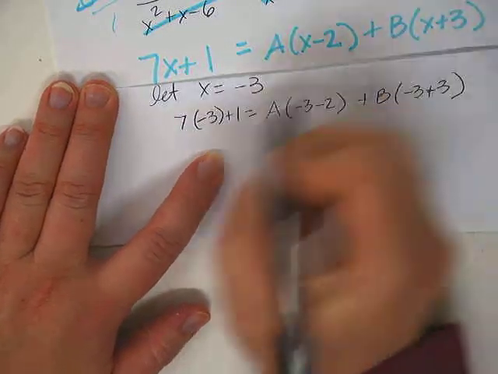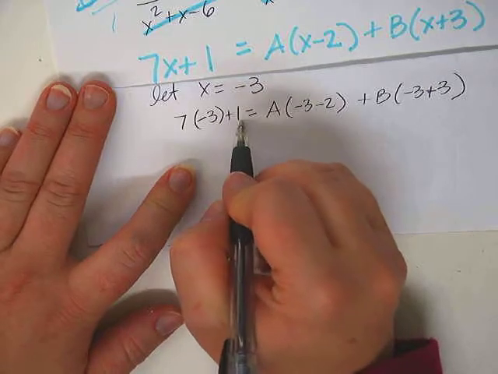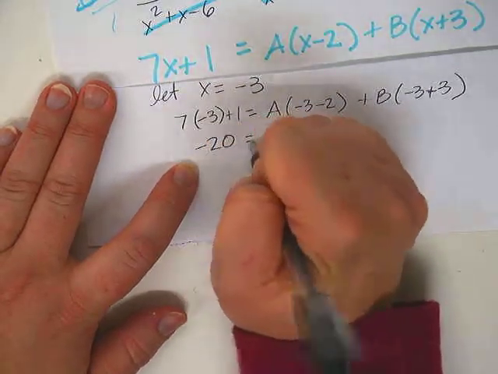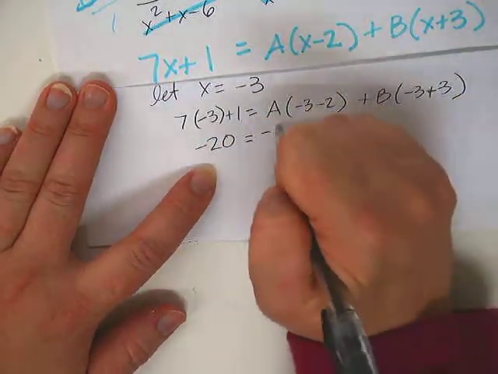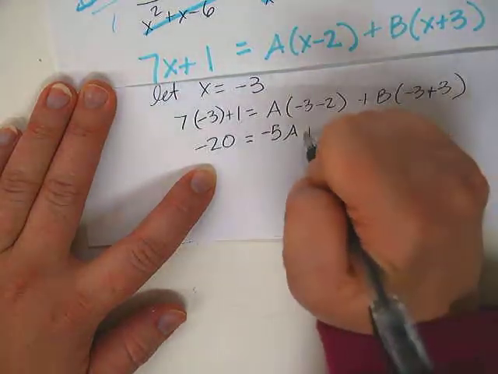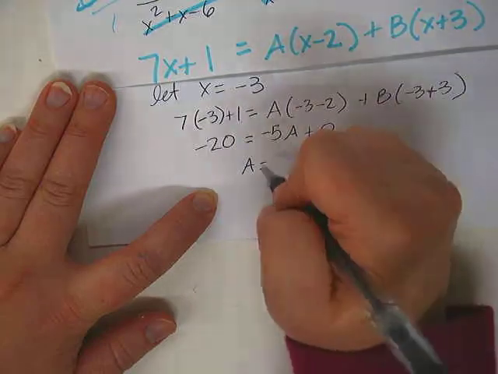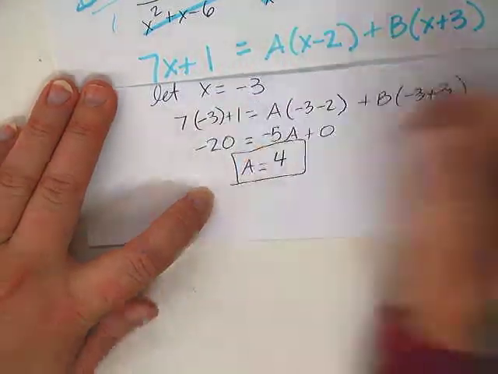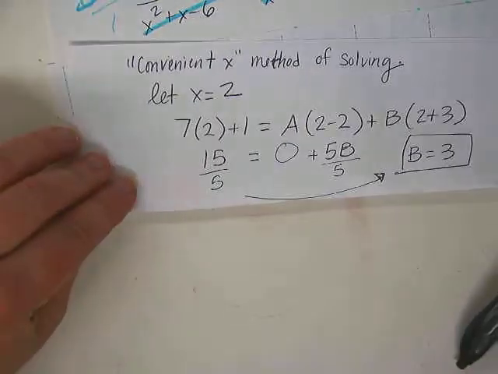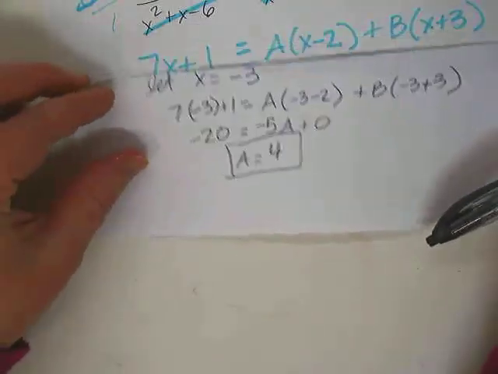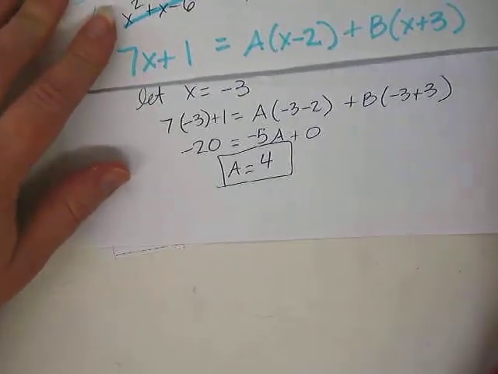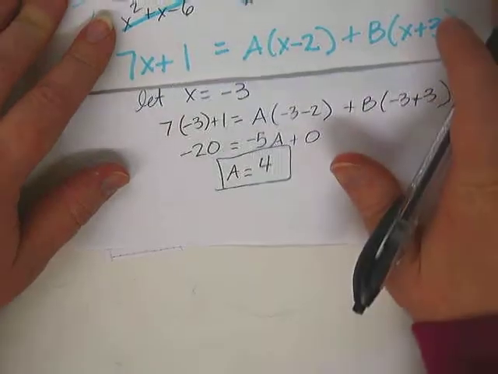Okay, so 7 times negative 3 plus 1 equals A times negative 3 minus 2 plus B times negative 3 plus 3, sorry. So this would be negative 21 plus 1, so negative 20. And this would be a negative 5A plus 0. So then what does A equal? 4. A equals 4.